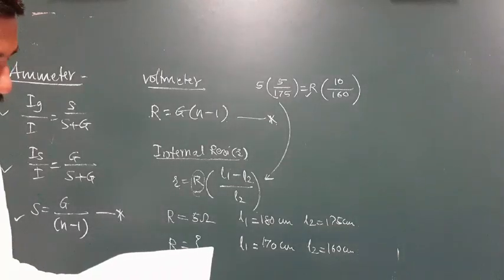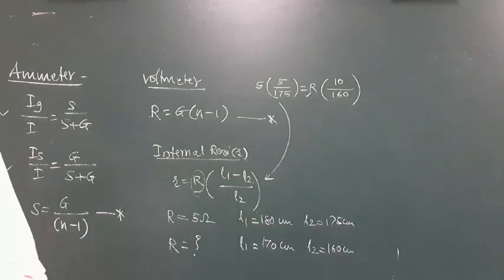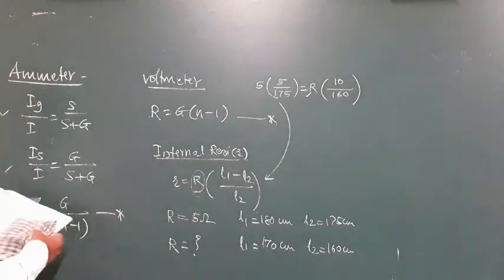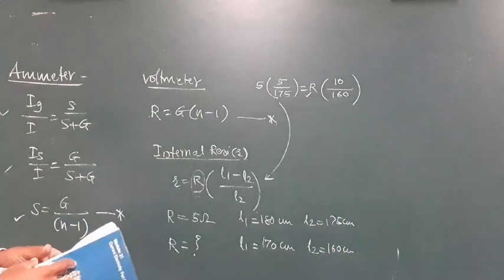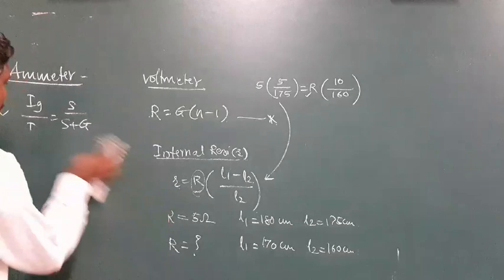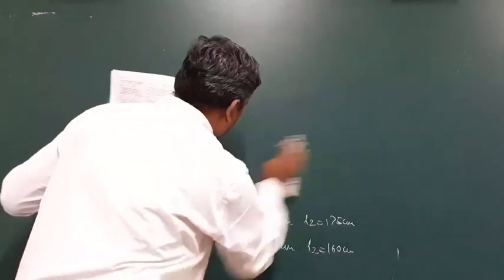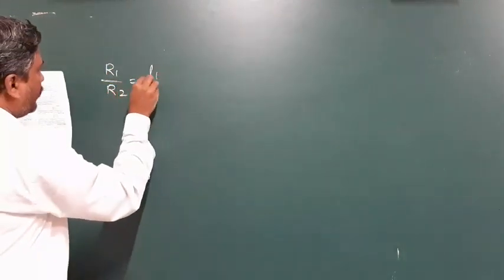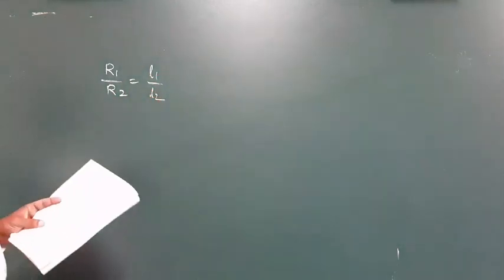Example number 15: the formula is R1 by R2 equals L1 by L2.